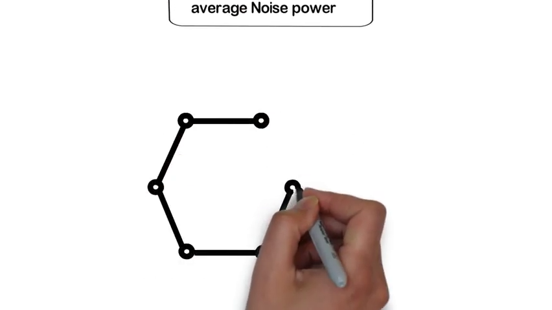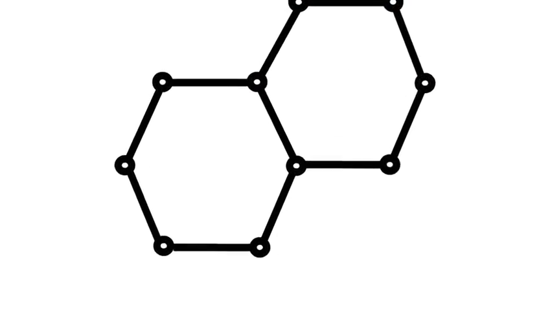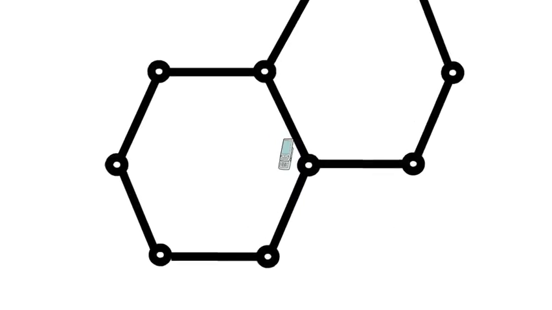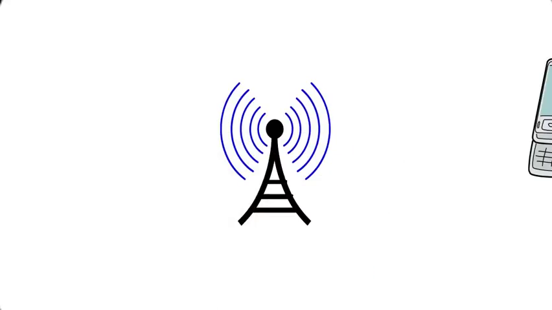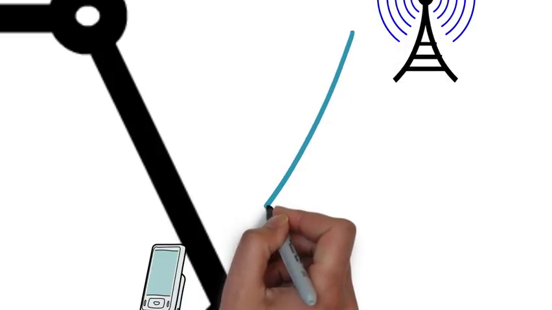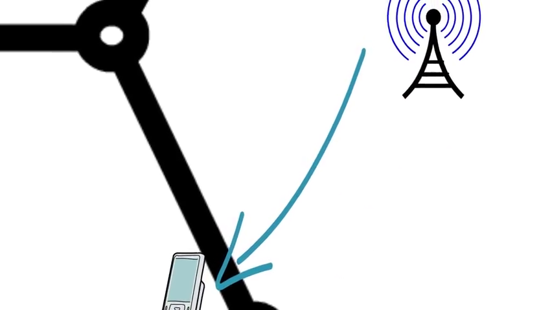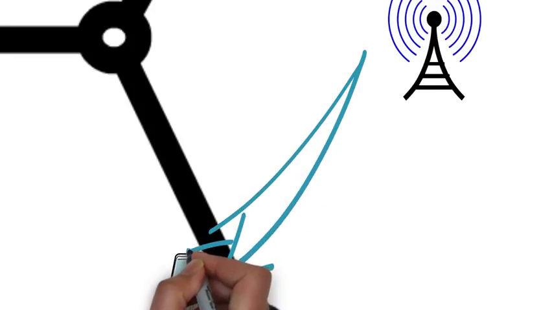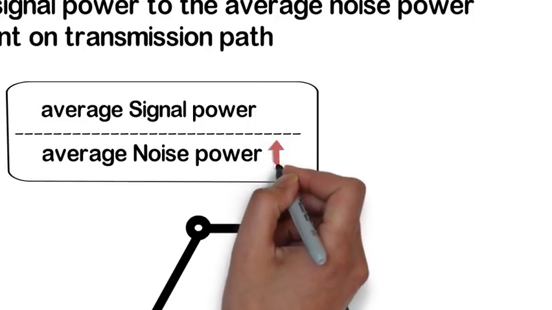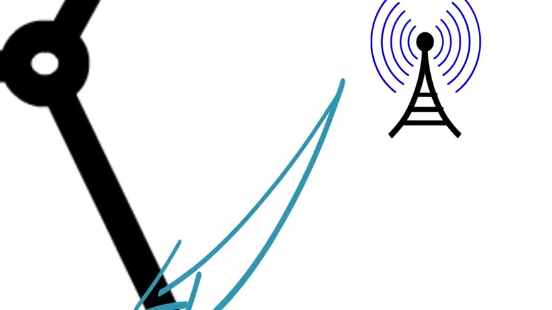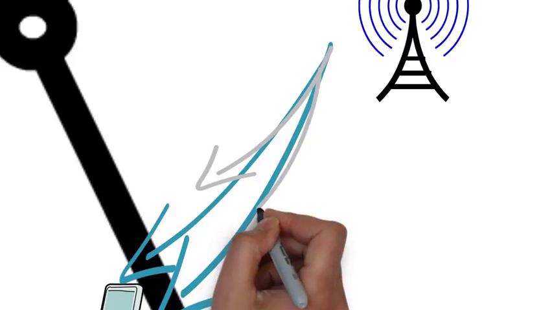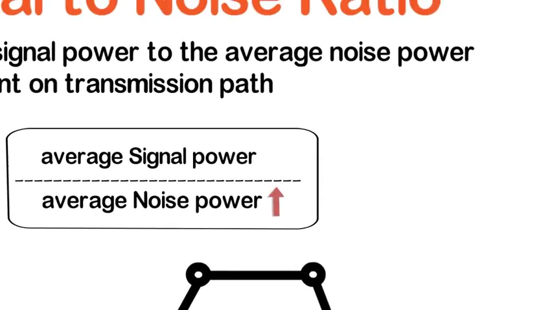For example, there is an MS acting as a receiver and an antenna acting as a transmitter. If the MS gets an unwanted signal from a neighboring cell, due to which its level of interference noise increases, we say the noise parameter is increased. On the other hand, if the level of interference from the neighboring cell decreases, we say the signal parameter is increased.